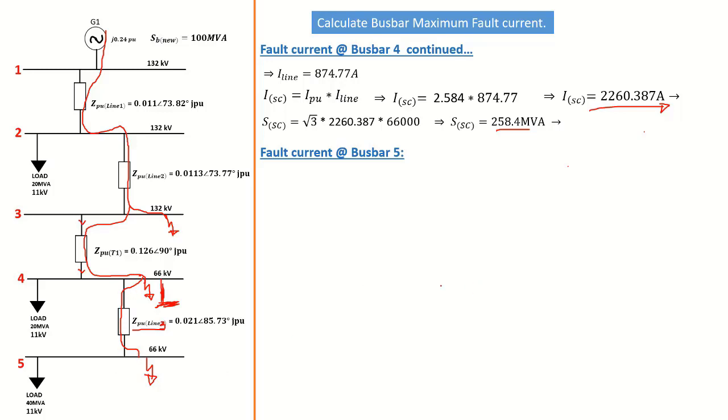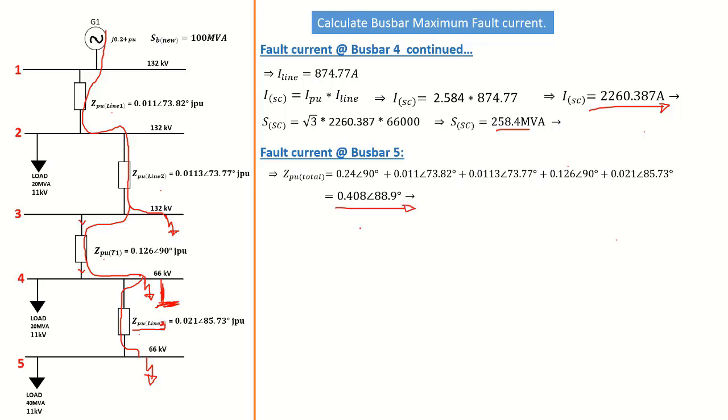Now what will be the Z per unit total? We just have to add all the per unit values from the generator, Z per unit of line 1, line 2, transformer, and now line 3. So we add all of them in polar form and we get a Z per unit total of 0.408 with an angle of 88.9 degrees.